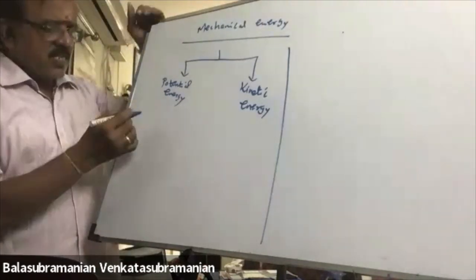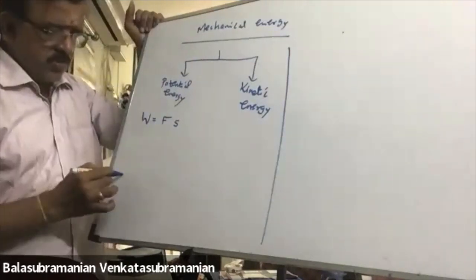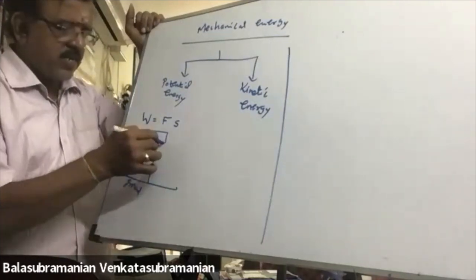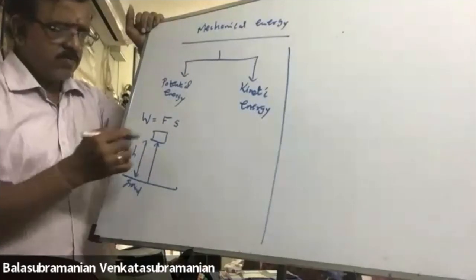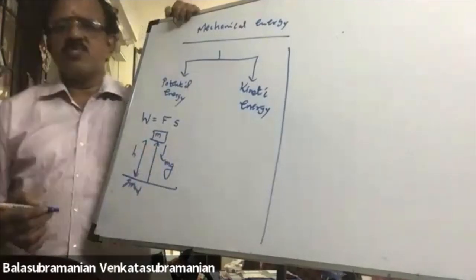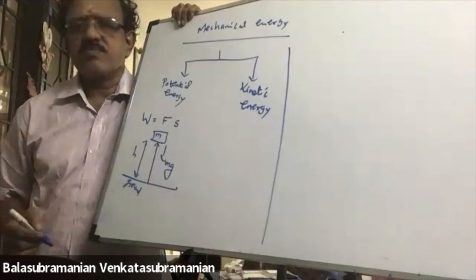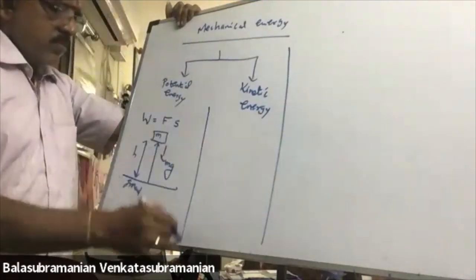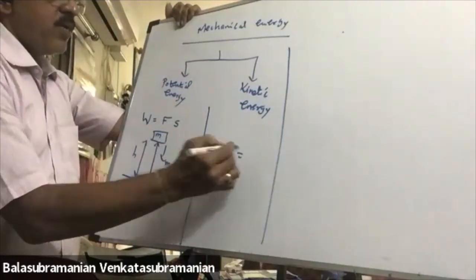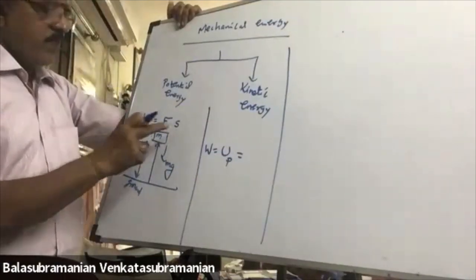Sir, energy is nothing but work done, force into displacement. Suppose this is ground level, you are raising a body to a height h. The body mass is m, then the weight of the body is mg, acting downwards, gravitational force. Therefore, W is nothing but potential energy, UP. Force into displacement.